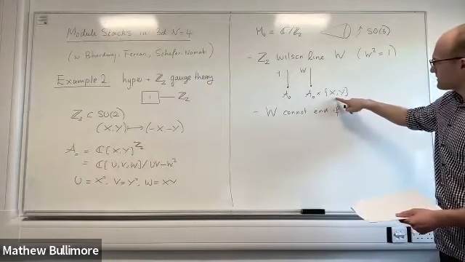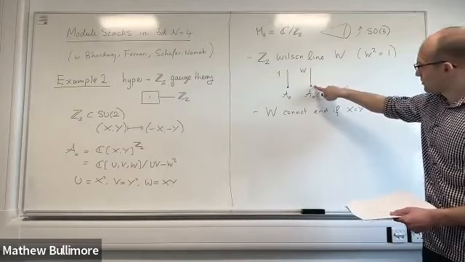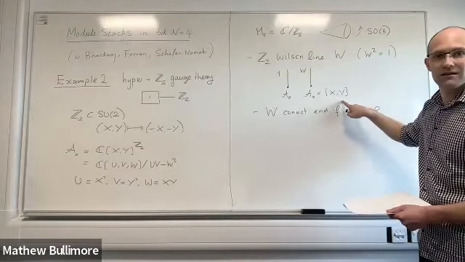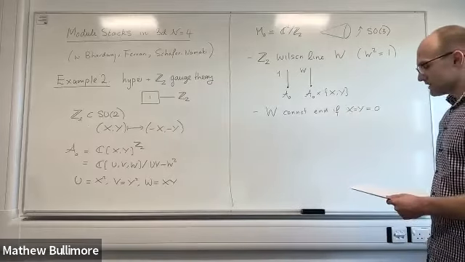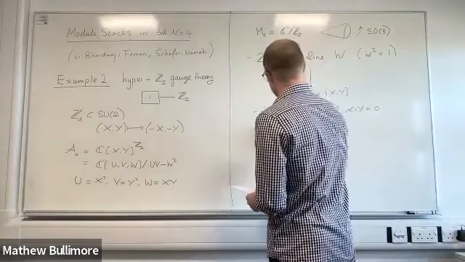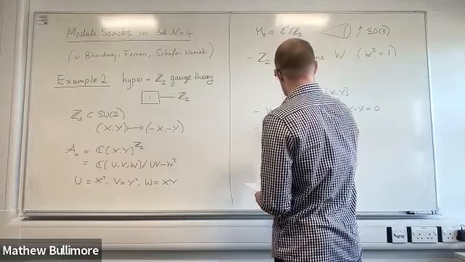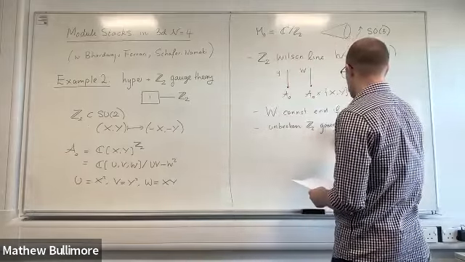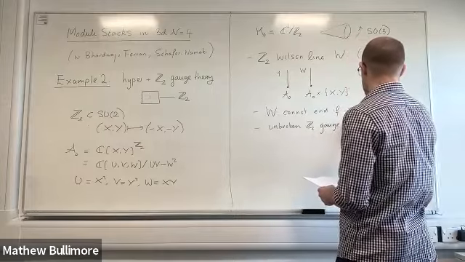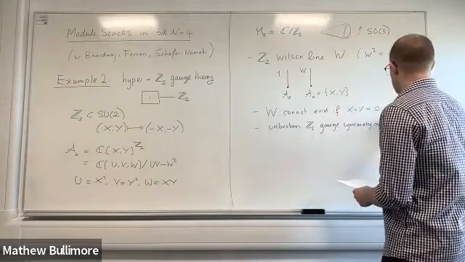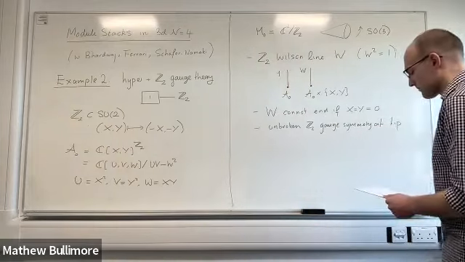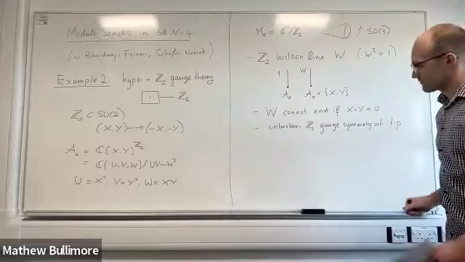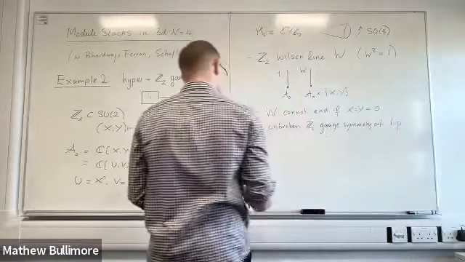Particularly if I set X and Y to 0, all of these operators here vanish because they're all proportional to X or Y. What that means is that there's an unbroken Z2 gauge symmetry at the tip here.